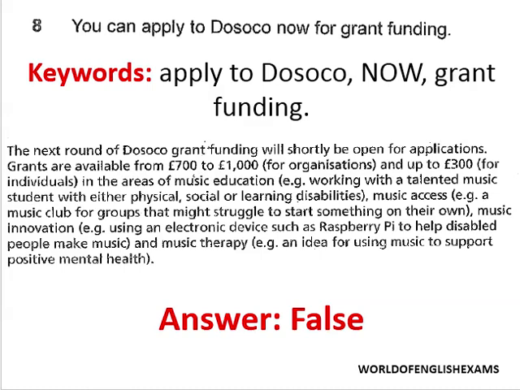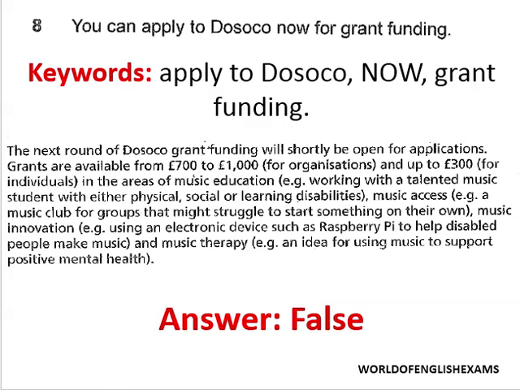Of course, the main keyword here is Dosoco. So let's read it. "The next round of Dosoco grant funding" — see, we got 2 of 3 keywords — "will shortly be open." See, clearly what is the statement giving us? Will shortly be open.